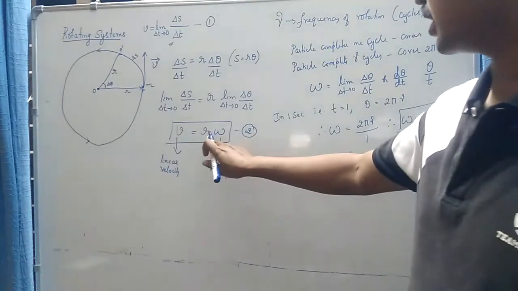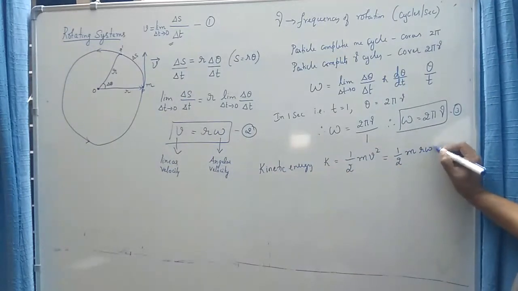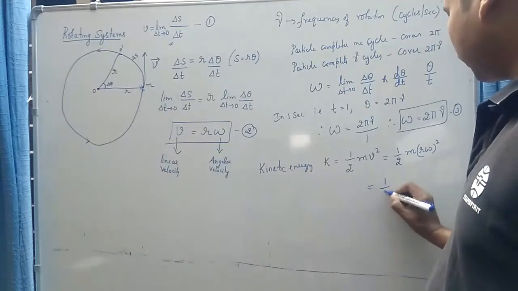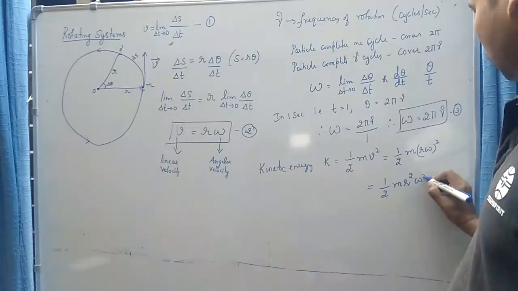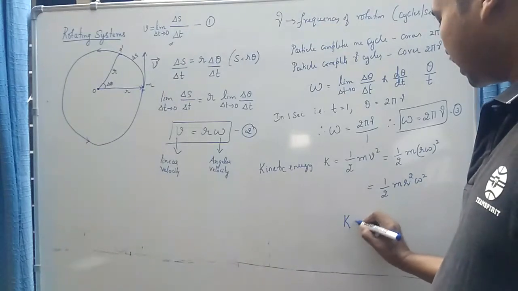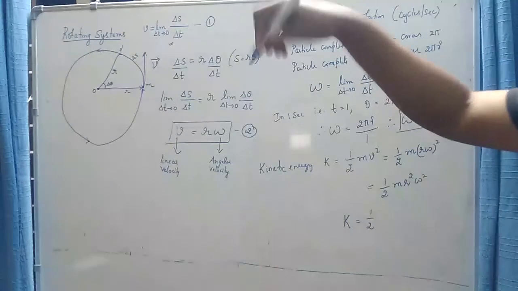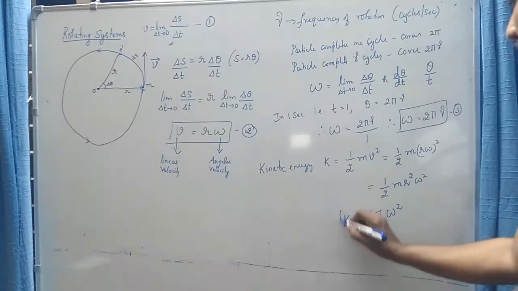So we will use this relation v is equal to r omega. So v square is nothing but r omega whole square. So the kinetic energy is half m r square into omega square. Therefore the kinetic energy of the particle rotating about point O is half into I into omega square.